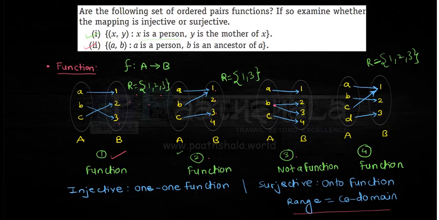It means that this is a one to many relation, but it is not a function. It means the second case is not a function. The first case is a function, but it is not injective, it is surjective. Because two persons can have the same mother, it is not injective, not one to one. It is an onto function only.